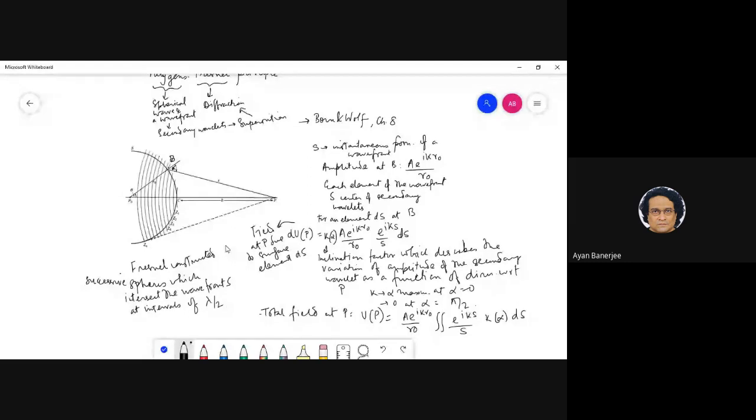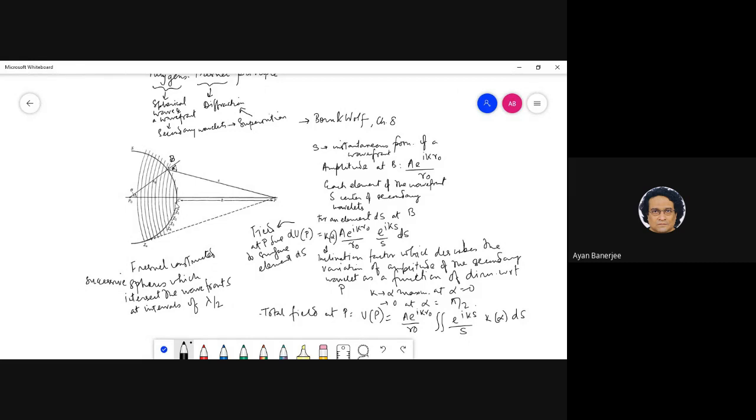That is really nice. The sphere with the smallest radius is B. The next one is B plus lambda by 2, the next is B plus lambda, then B plus 2 lambda by 2, then 3 lambda by 2, and you just continue. So these are very, very close to each other.